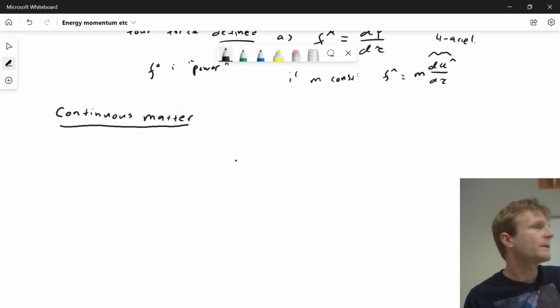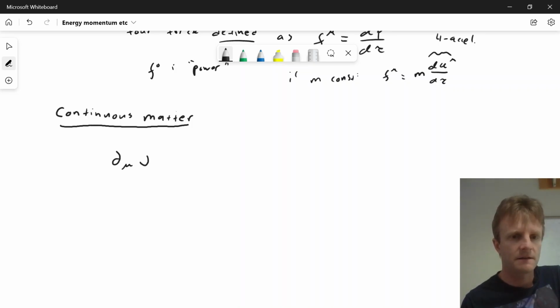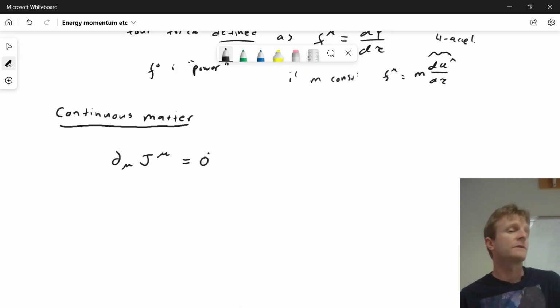Now, to get into how we represent continuous matter and focusing on energy and momentum, I'm going to remind you of something you showed on the homework, which is that charge current conservation, del mu J mu equals 0, follows from Maxwell's equations. Now, why did I call this charge current conservation?